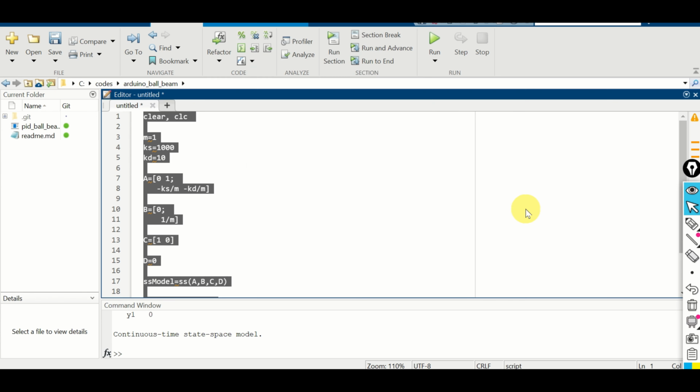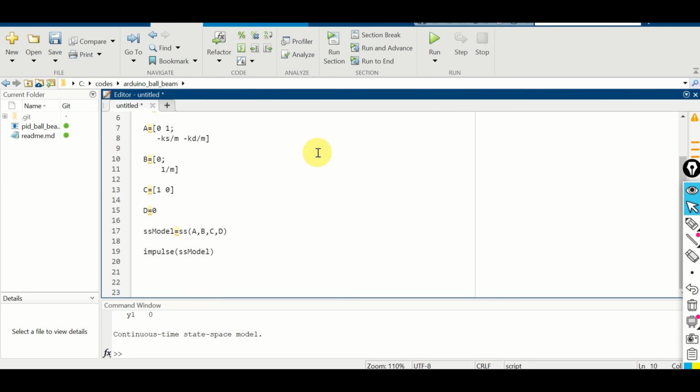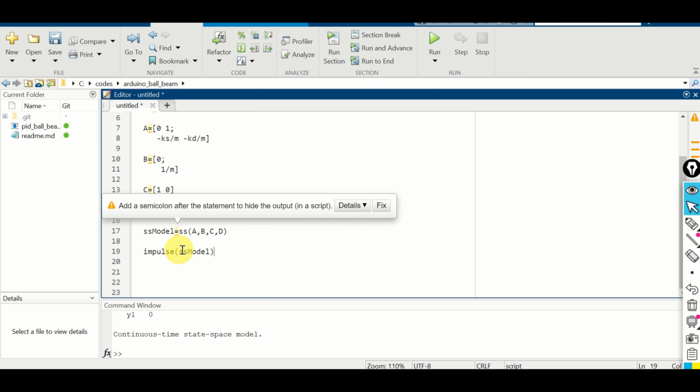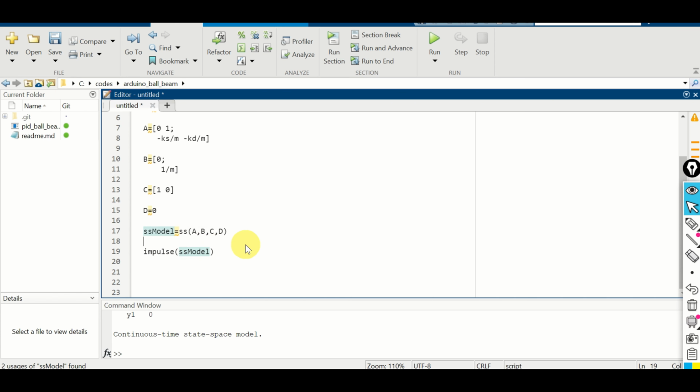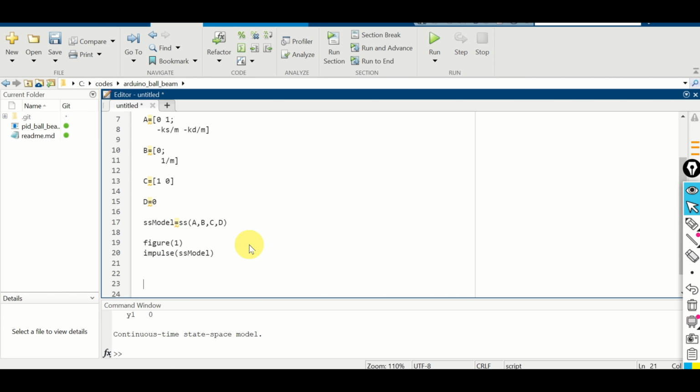Finally, over here, we need to do one more thing. Namely, here we just computed the impulse response. However, in many applications, you would like to get the time series of the impulse response. So let's do that. But before we do that, let's first define figure 1. So the impulse response computed directly by applying impulse and plotted will be on figure 1.